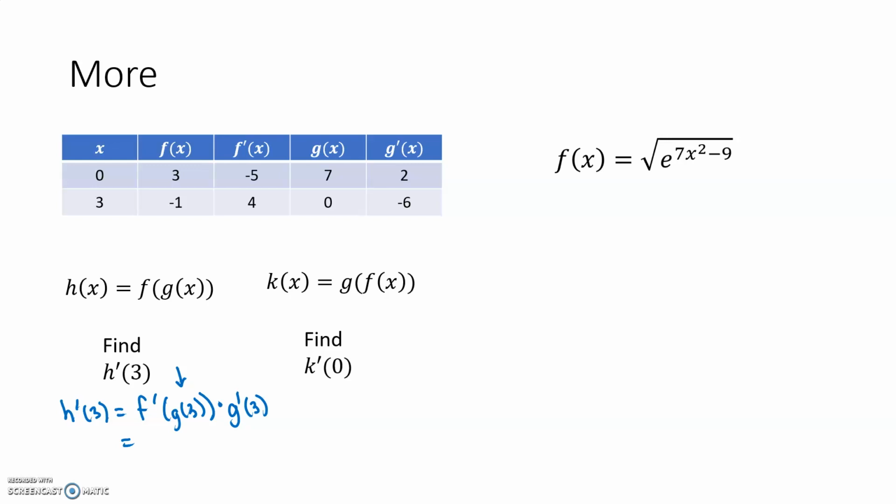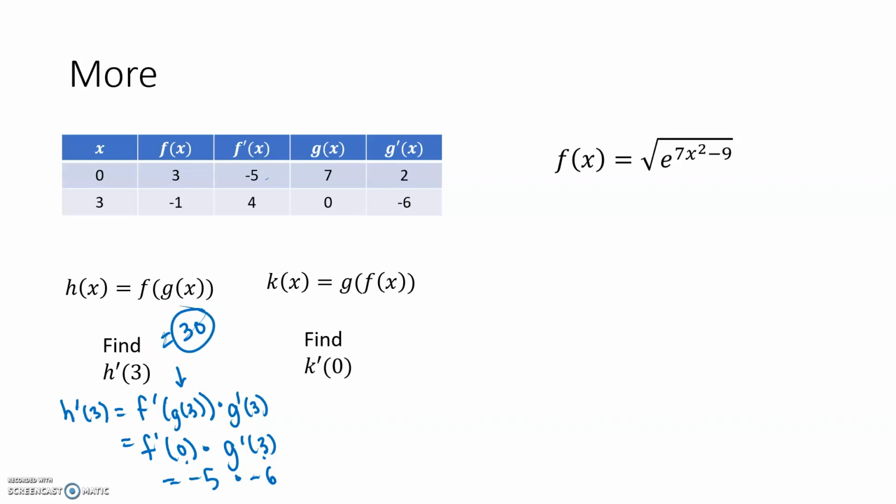So g of 3 is 0, so I'm finding f prime of 0 times g prime of 3. Notice that these are different numbers. We're evaluating our derivatives at different places because we had to figure out what g of 3 was before we could find the derivative of f. So f prime of 0 is negative 5, and g prime of 3 is negative 6. So this one would be 30.